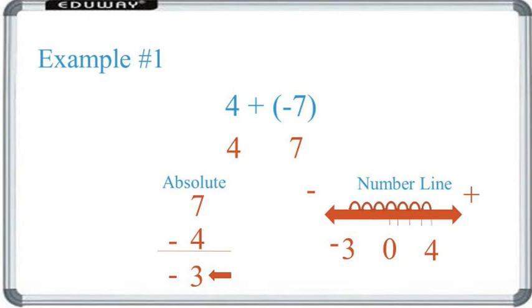The reason I like using the number line method is because I feel it is a lot more logical. Using the absolute value method is more like rote memorization. This is just like memorizing some tricks your teacher told you to do. You probably don't really understand what is going on, whereas with the number line you can understand what's going on.